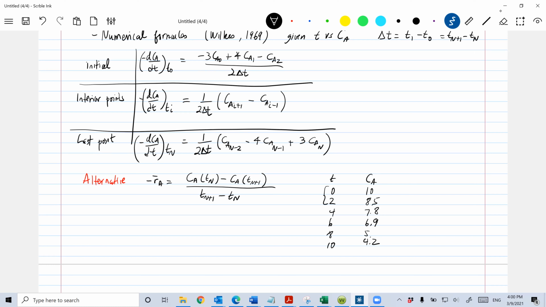Then you can also calculate the average concentration that goes with that average rate, which is CA at tn plus CA at tn plus 1, over 2. So that's another method to convert time versus concentration to an average concentration and an average rate.